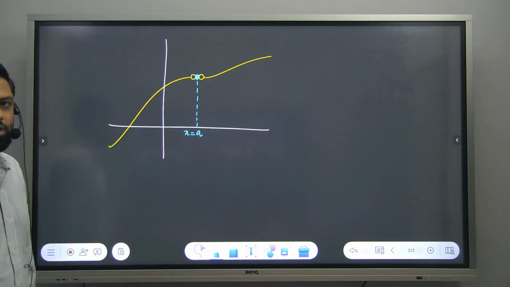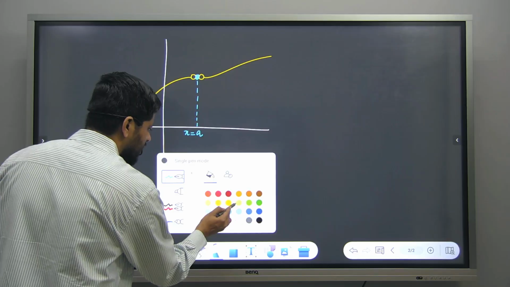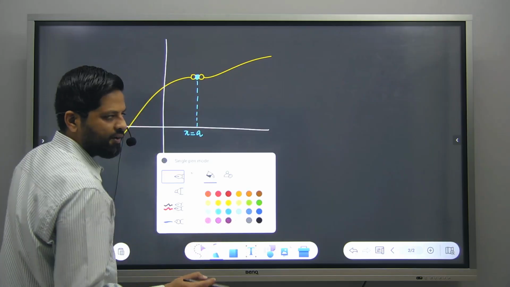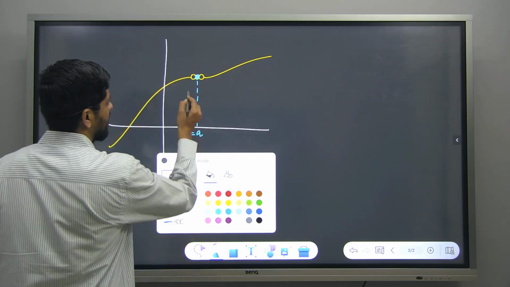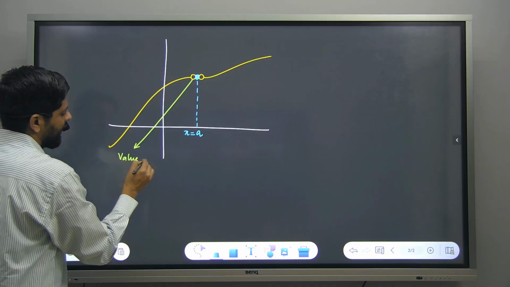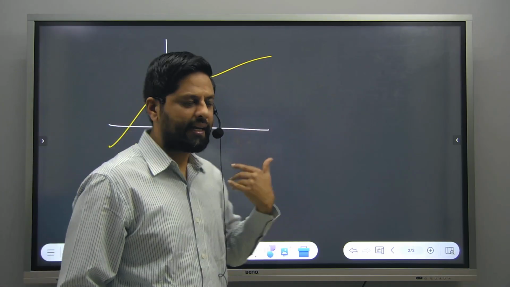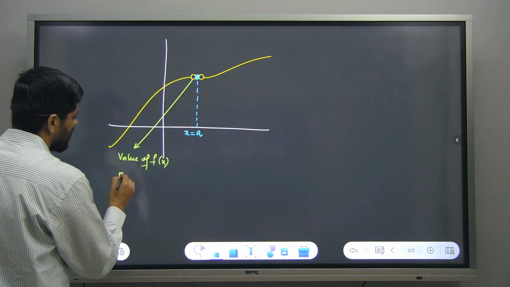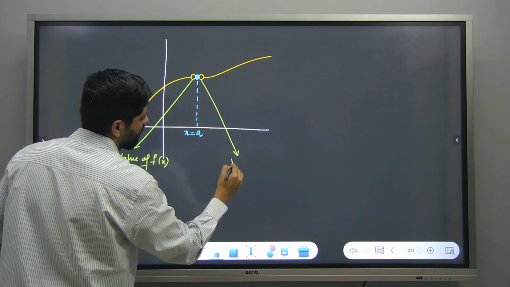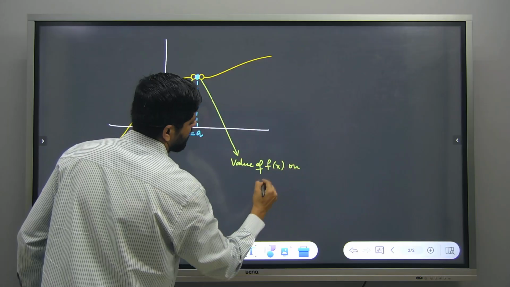All right. So what we were discussing in the last classes, in order to check if the function is continuous or not, I need to check the value of f of x on the left side, left side is behind A, and the value of f of x on the right.